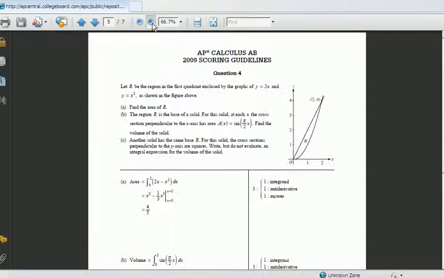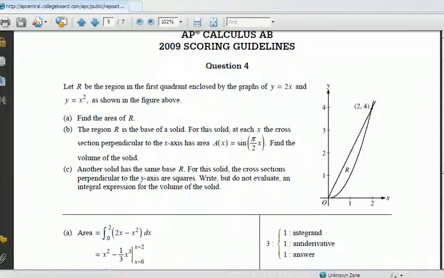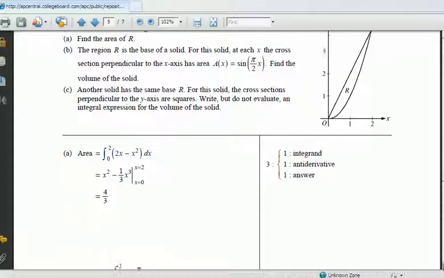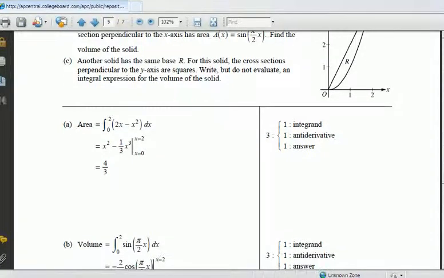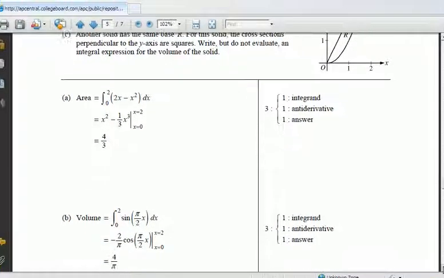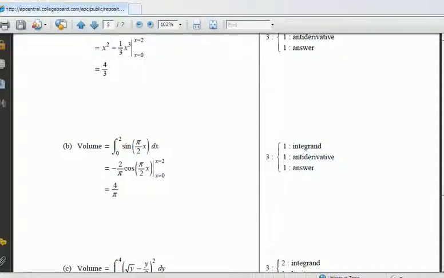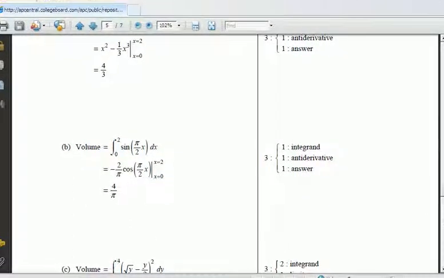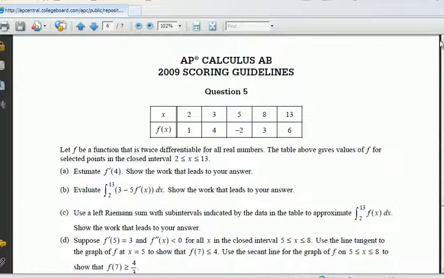Here we go. Did we have 4/3? Okay. Did we have 4 over pi?